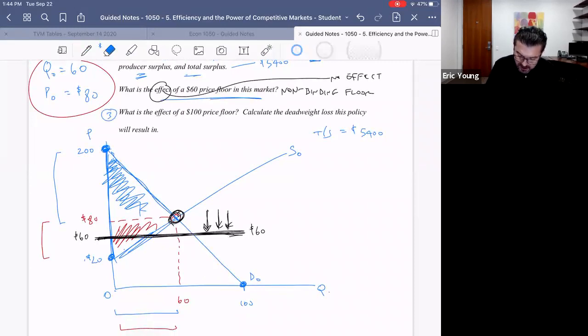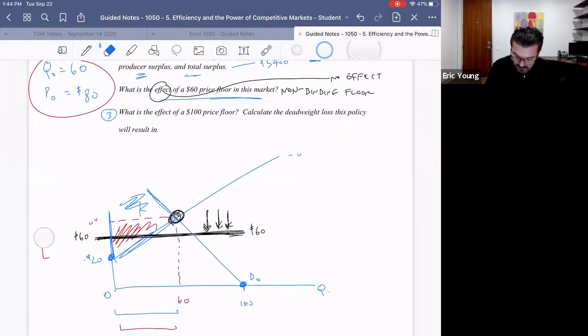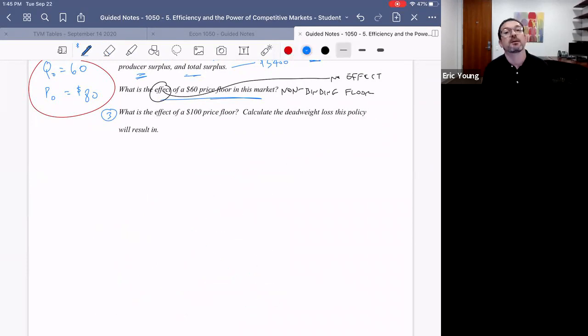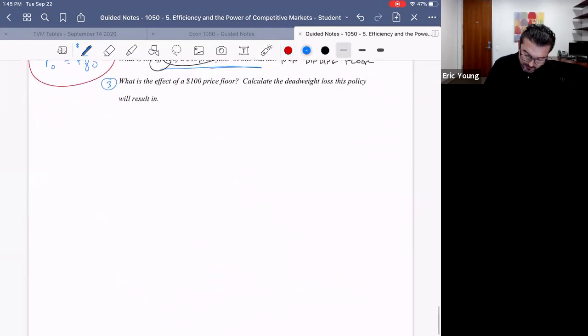So let's first start off by cleaning up a graph. We'll sketch out a fresh one. We'll have to do a little bit more calculations, but we'll get it.